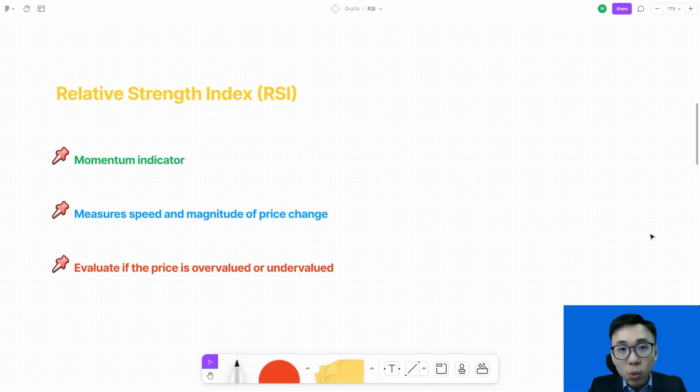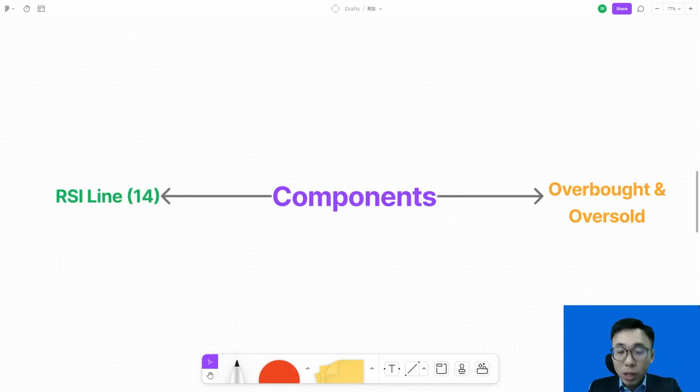So these two elements are going to be quite important when using RSI because it incorporates overvalued and undervalued into the indicator itself. Later we will see how we determine these values, and what trends are expected when these two values are touched or shown in the indicator. Now, in terms of RSI, we have two important components.